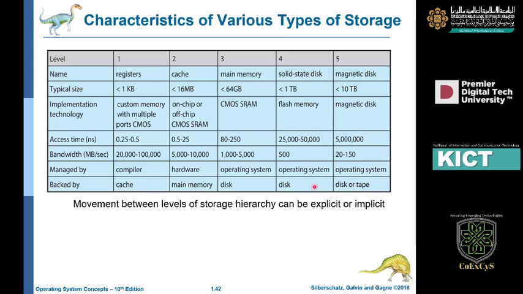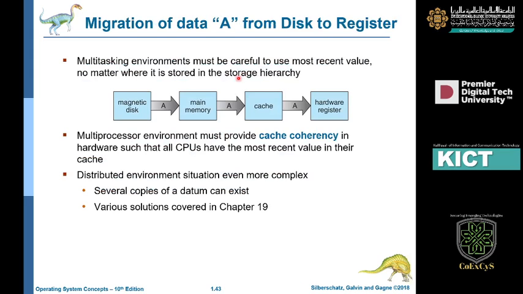Solid state disk is basically a disk similar to a hard disk, right? And memory basically moves from magnetic disk, main memory, cache, and hardware register, right? So the higher you are here, the faster, but you cannot move everything from here to here because the size gets smaller as you go on, but the speed gets faster, right?